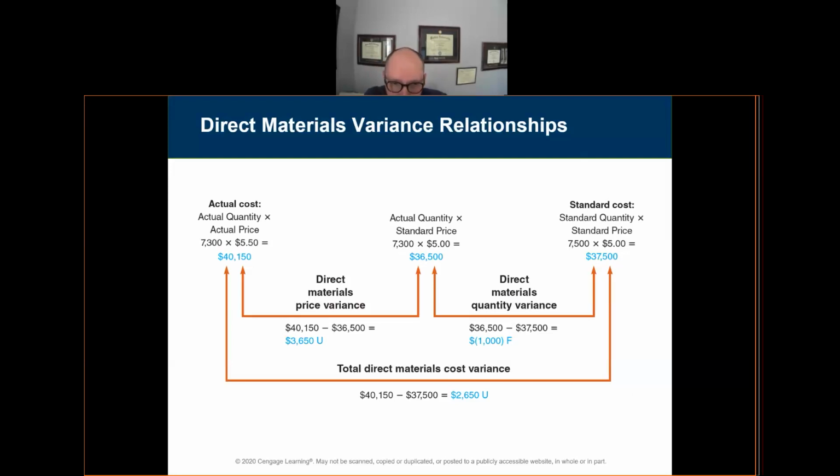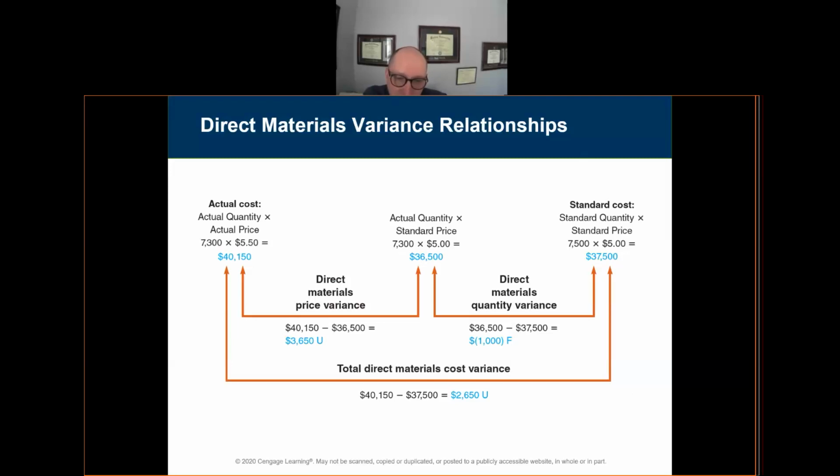We can see the differences. Direct materials price variance, 36,500. Direct materials quantity variance, 1,000. And then the actual quantity times the standard price, 36,500. It's not the greatest pictorial.